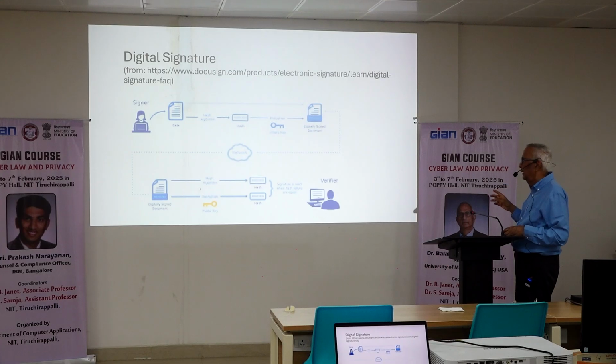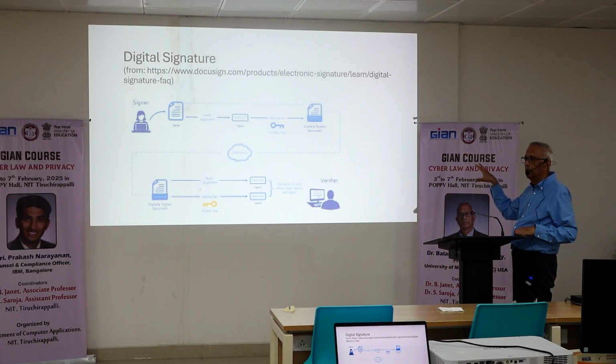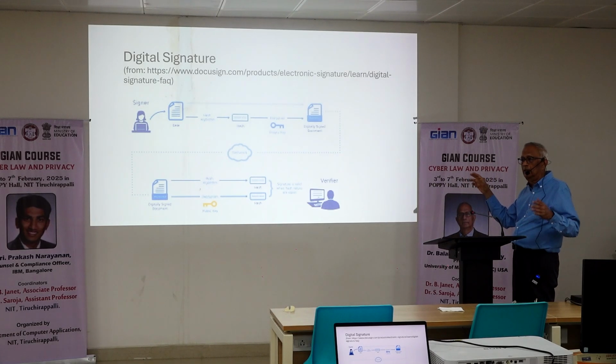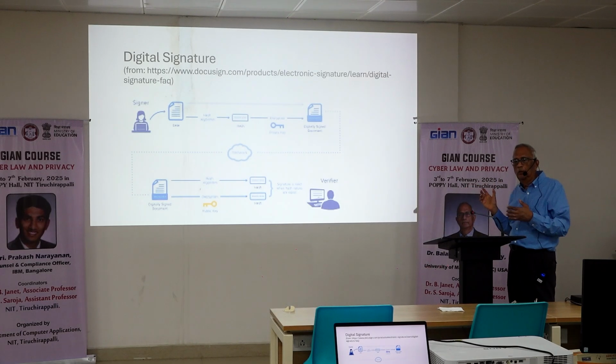And that is what is known as the digital certificate. So the whole thing depends on essentially having a public key infrastructure. In India, they do have a public key infrastructure to do this.